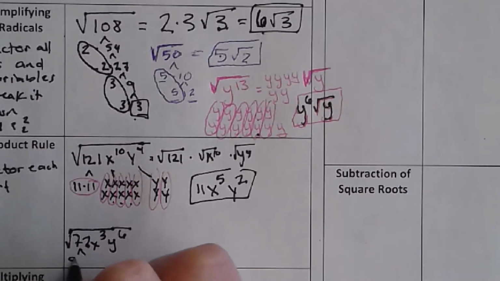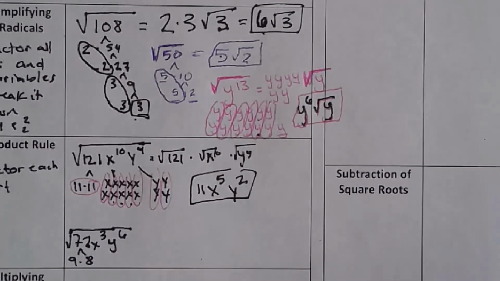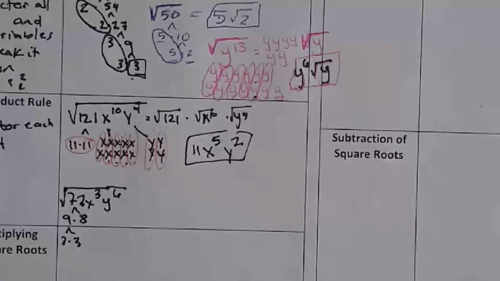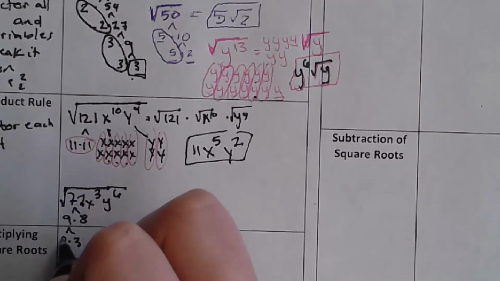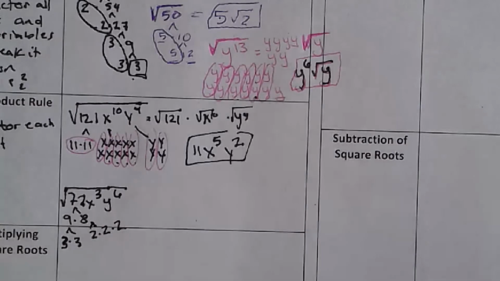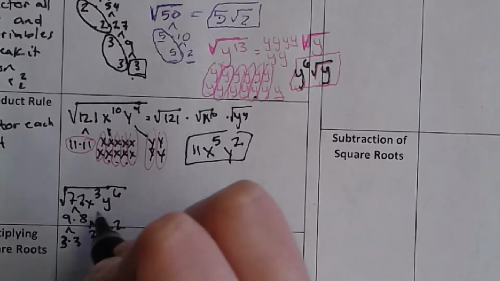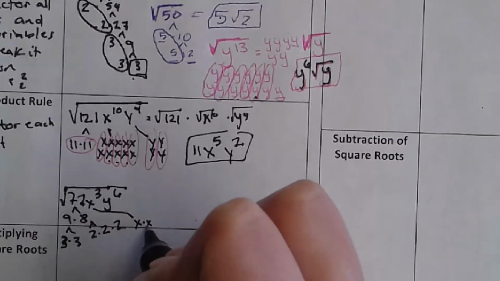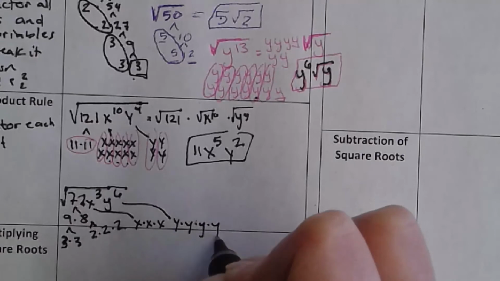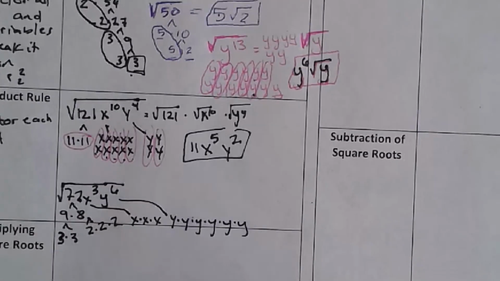So this is 9 times 8. 9 is 3 times 3. And 8 is 2 times 2 times 2. So there's my prime. Okay, x, I have 1, 2, 3 x's, and 1, 2, 3, 4, 5, 6 y's.